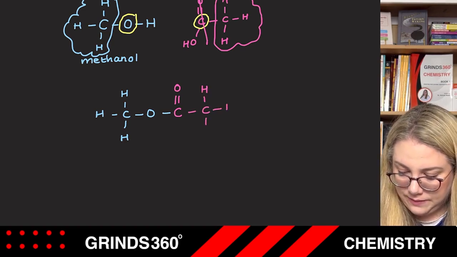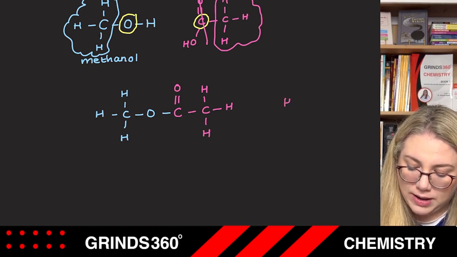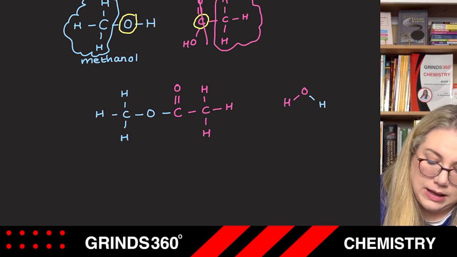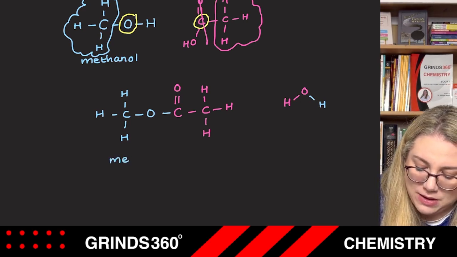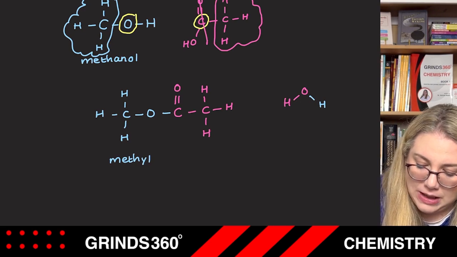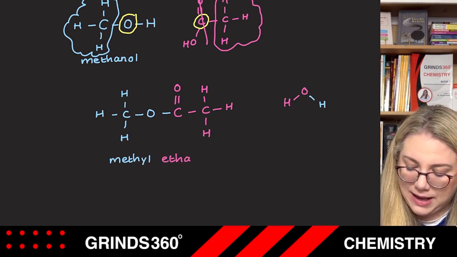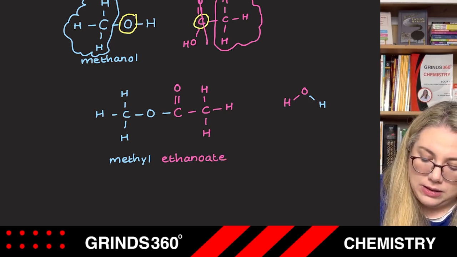That's the ester, 6 marks, and my other product is H2O. Now, name the ester. It comes from the alcohol first. Methanol will form methyl, and the carboxylic acid is ethanoic, so that will be ethanoate. And your other one is water.